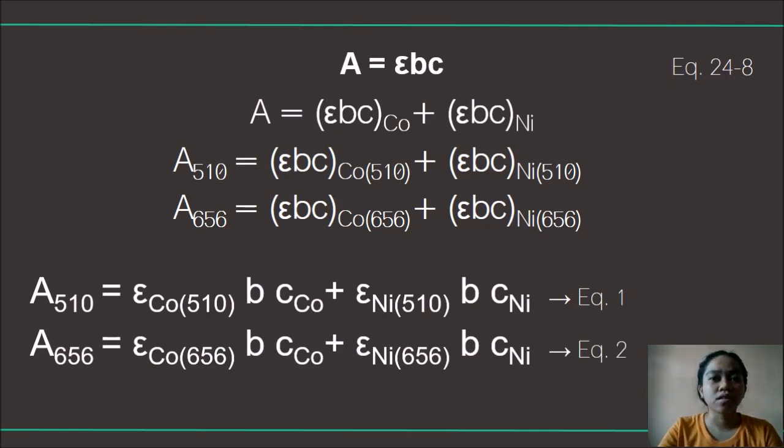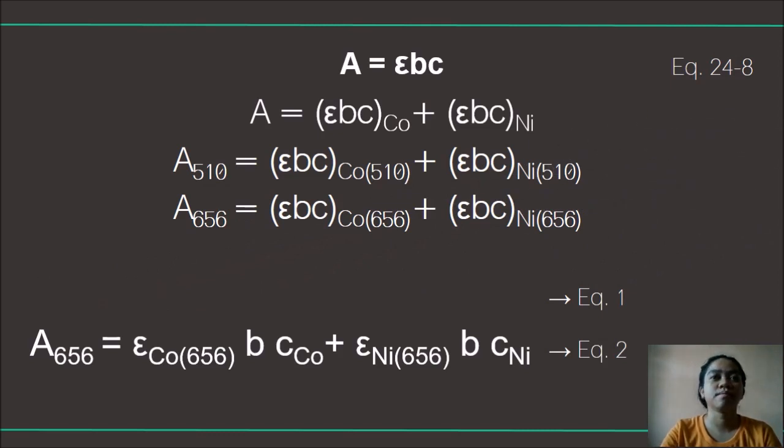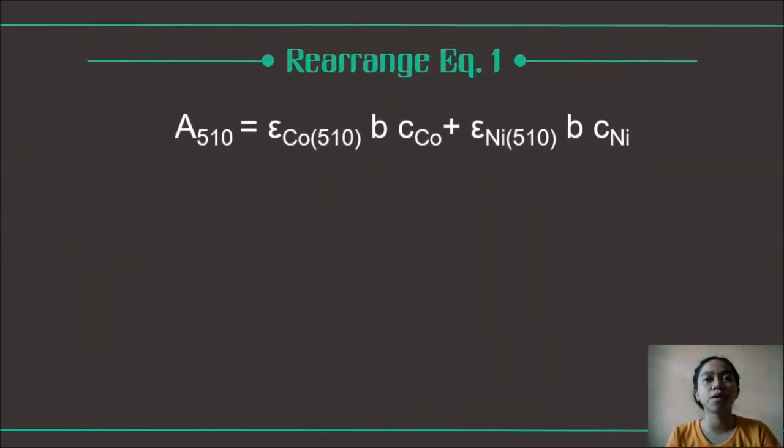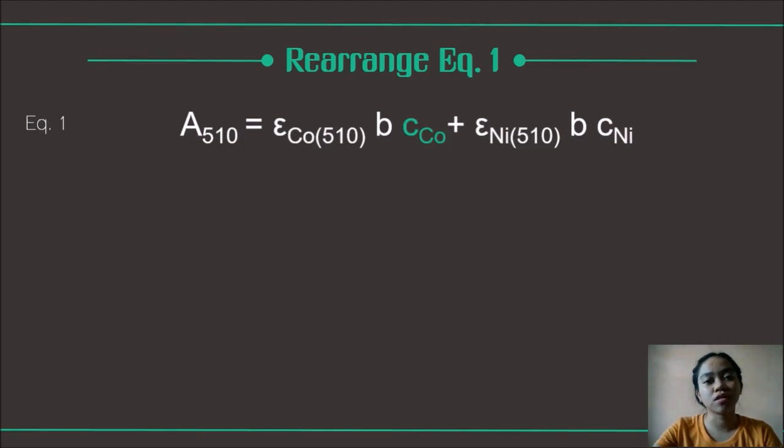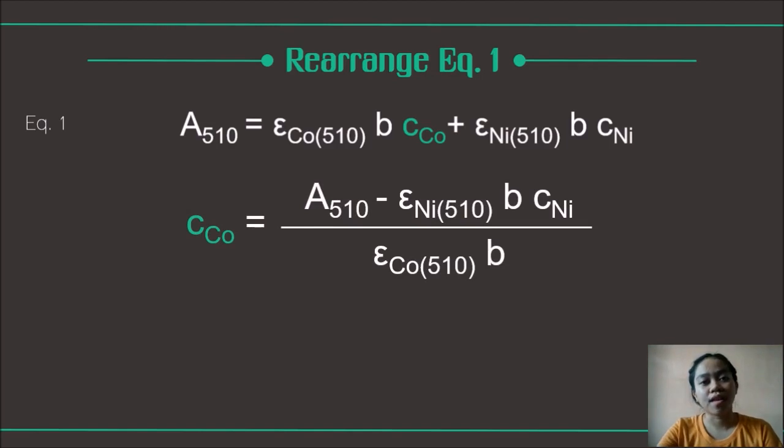We need to rearrange equation number 1. Rearranging equation number 1, we want to isolate the C_Co here, which is the concentration of cobalt. For us to isolate that, we need to move the other term to the other side of the equal sign. That's why we will end up with this formula now.